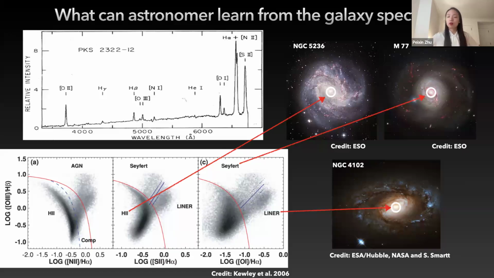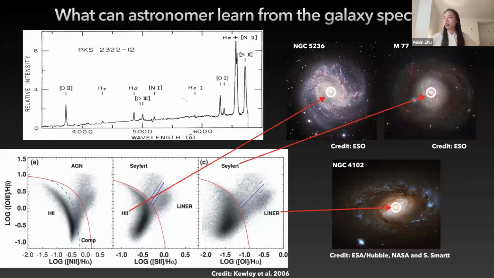These are pure star formation galaxies. And the reason that we are still seeing so many emission lines is because the star formation is so violent that it generates rather hard radiation fields, which can ionize the nearby gas and the atoms in it to a certain ionization state and emit all these emission lines that we observe.